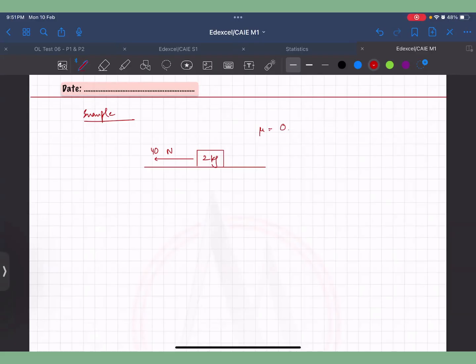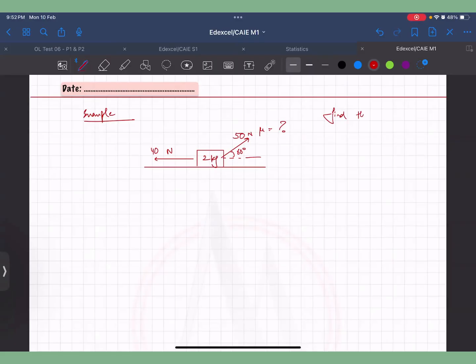Let's change it slightly. We don't know the coefficient of friction. There's another force acting like this, of 50 Newton, and this angle is 60 degrees.